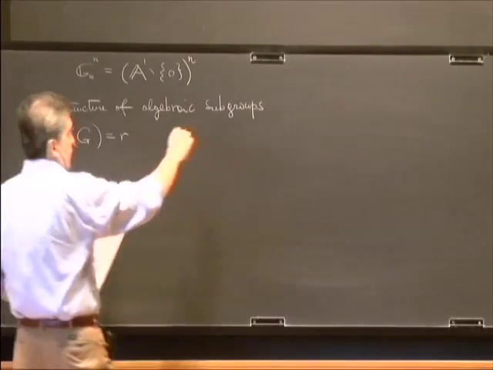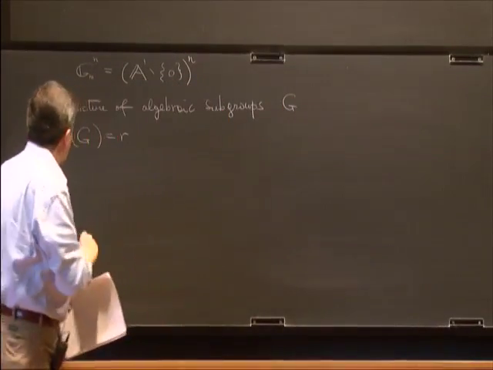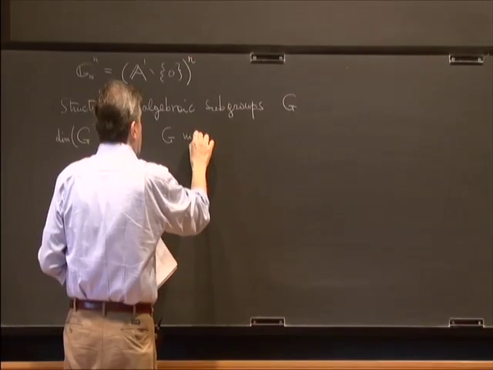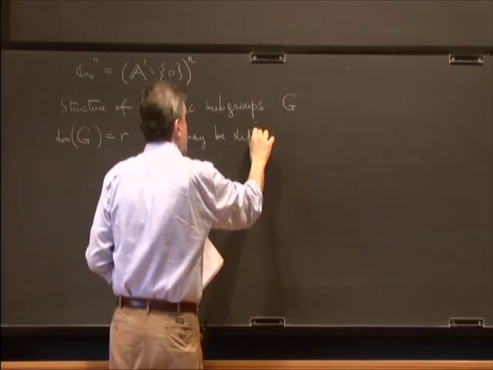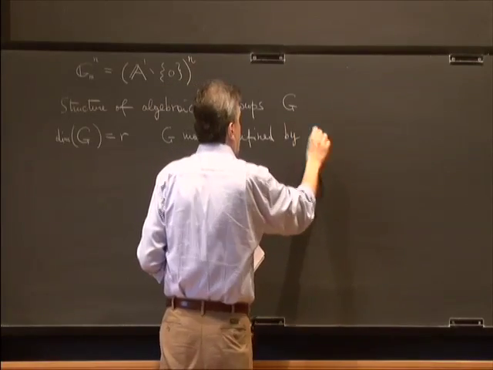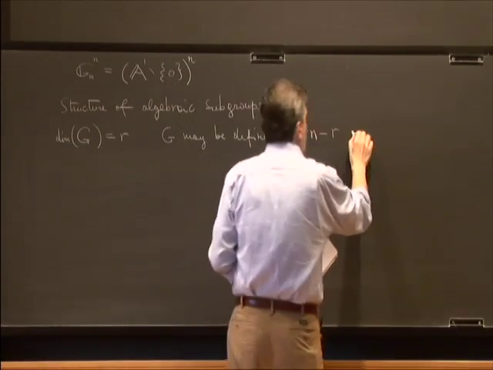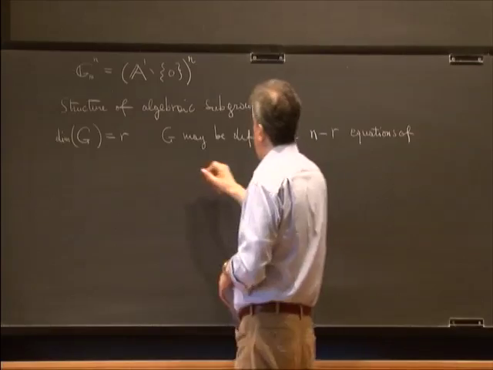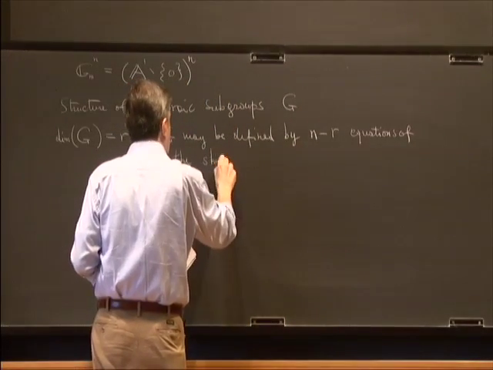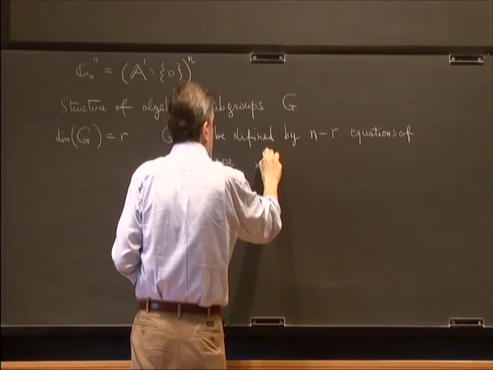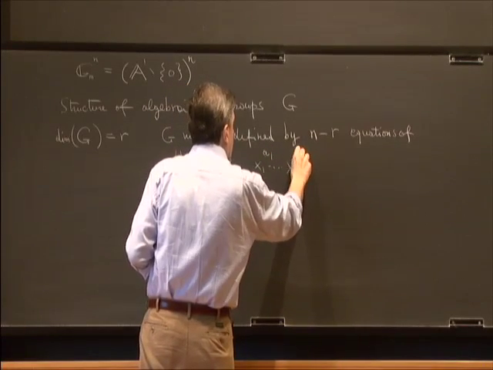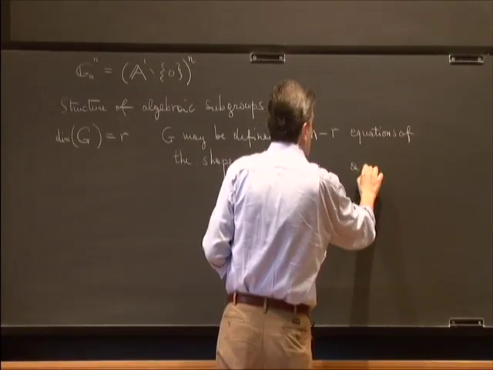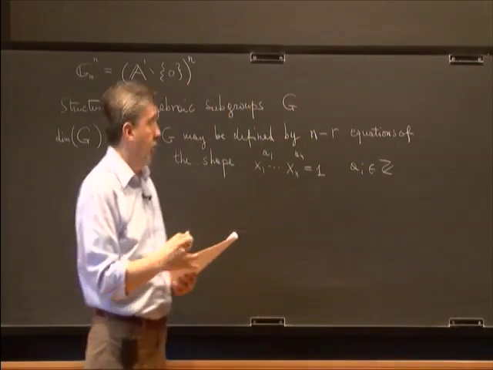So if G is an algebraic subgroup of dimension R, then this G may be defined by n minus R equations of the shape, where the a_i are integers, not all 0.